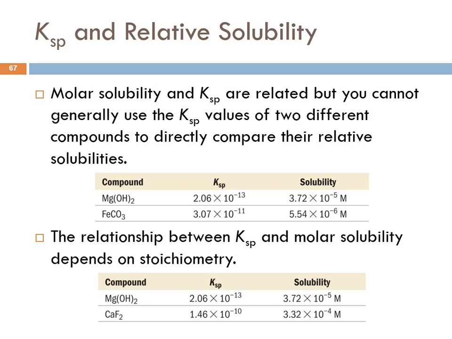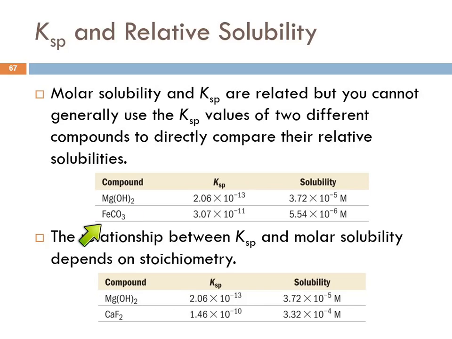So we just saw that you can calculate the molar solubility from the KSP, and you can calculate the KSP from the molar solubility, so they are related. But you cannot always use KSP values to compare the relative solubilities of two compounds. Let's look at magnesium hydroxide and iron(II) carbonate. If we look at KSP values, which one is more soluble?